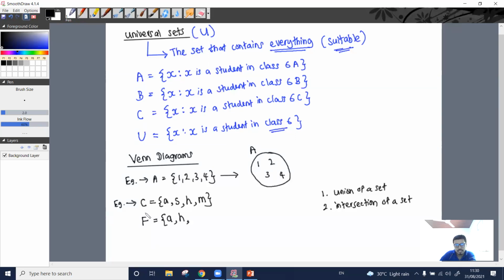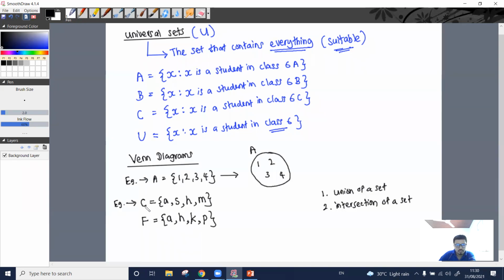And apart from that, Kavindu likes football. And Piyumi likes football, right? So these 4 students like football.